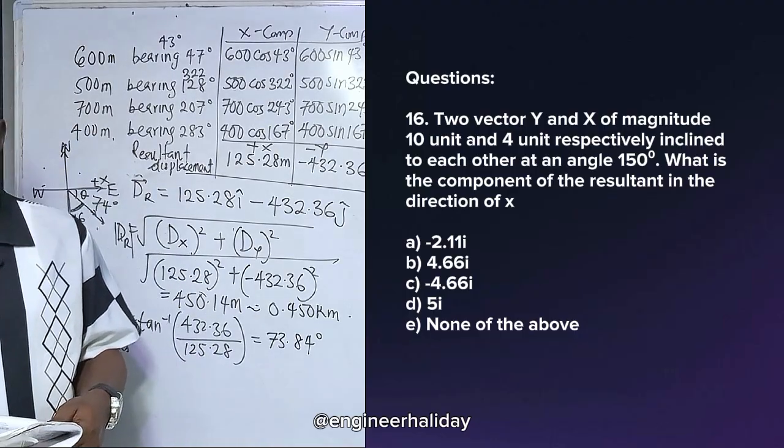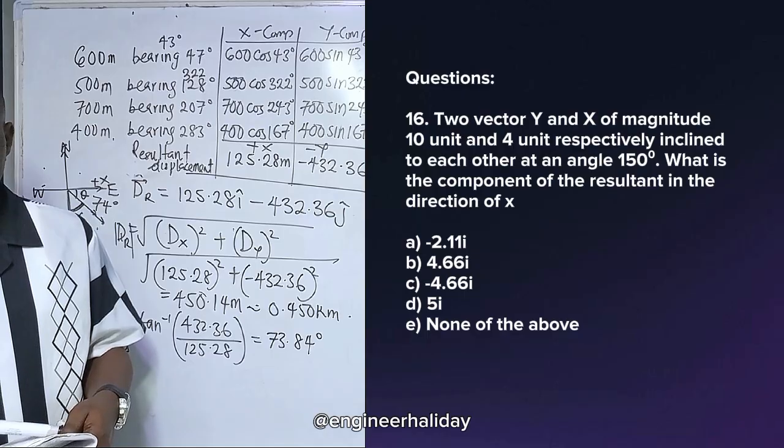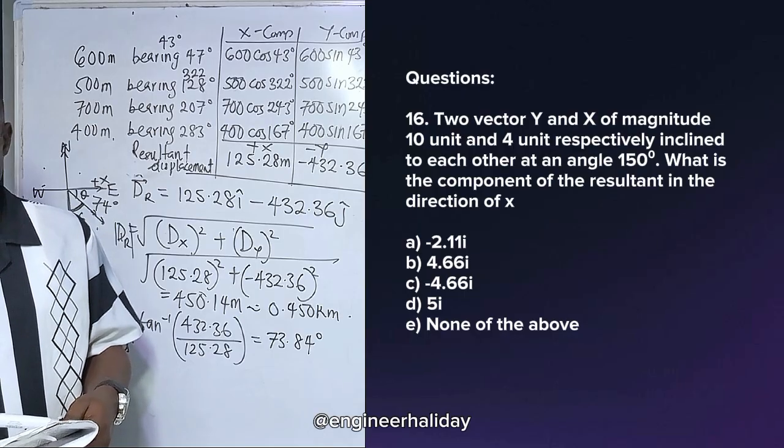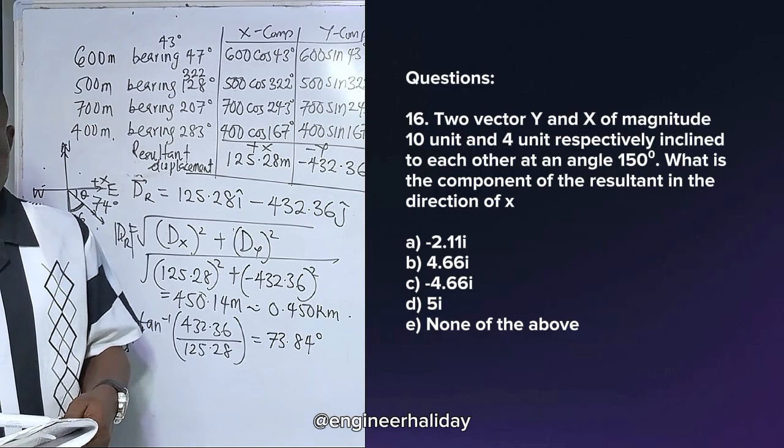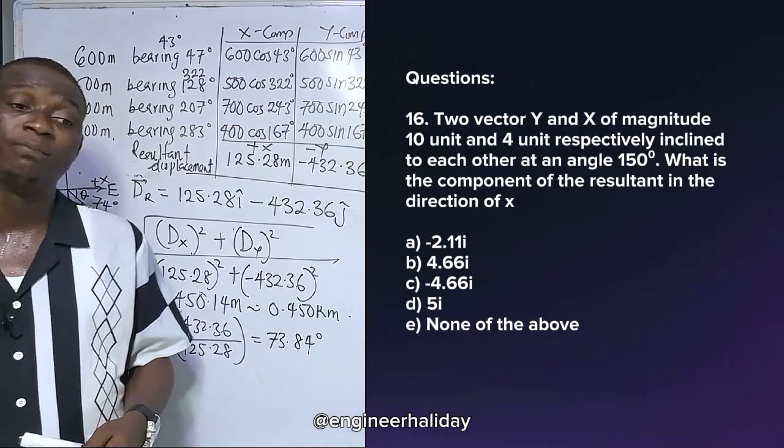What is the component of the resultant in the direction of x? A is minus 2.11i, where i indicates the x direction. B says 4.66i. C minus 4.66i. D 5i. E none of the above.